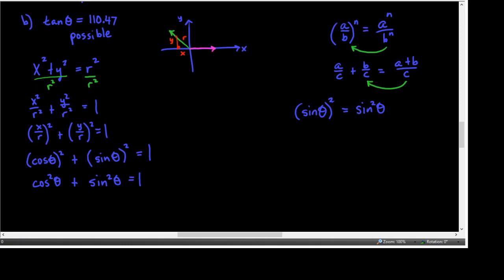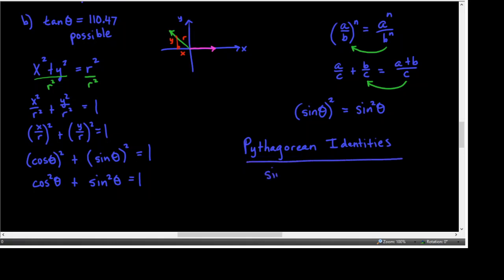Okay, so that is what we call a Pythagorean identity. So I'm going to list those over here, and these are ones that you will need to memorize. So add these to the list of your memorized formulas. And we're going to have several Pythagorean identities, so I'm going to list them over here all together.